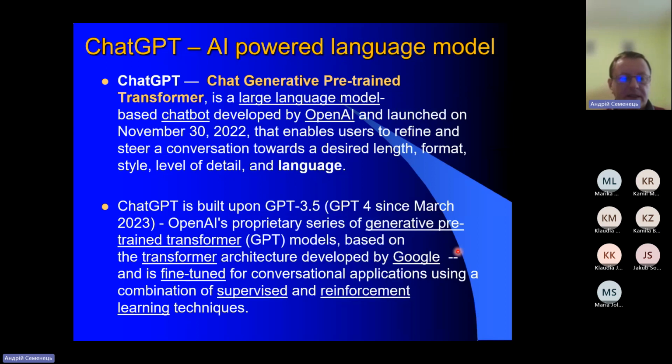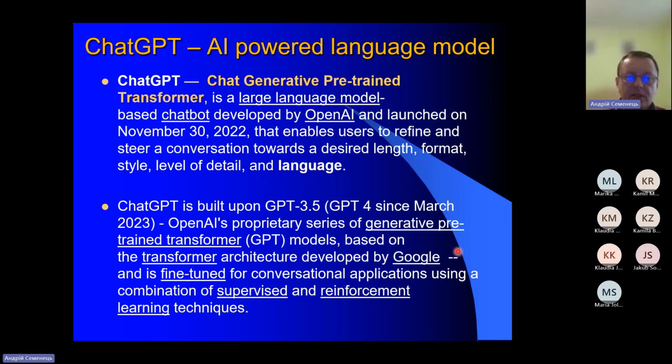And of course, as a final example, I cannot skip ChatGPT, the generative pre-trained transformer, a large language model-based chatbot developed by OpenAI and launched almost a year ago. It has been updated a few times. Very often users consider it an artificial intelligence system, but it's not exactly an expert system, despite all this terminology.